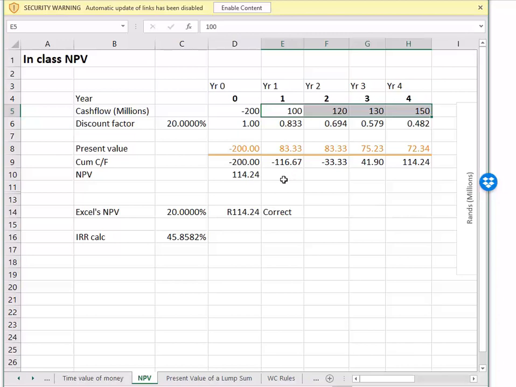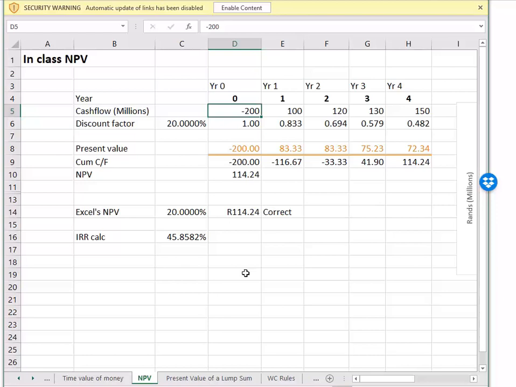Now, what we've learned is that these future values that we are going to generate are worth less because we earn them in the future. So they are worth less in comparison to each other, and specifically they're worth less in relation to the 200 million that we're going to spend now.